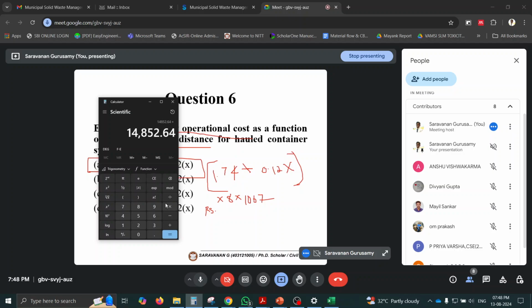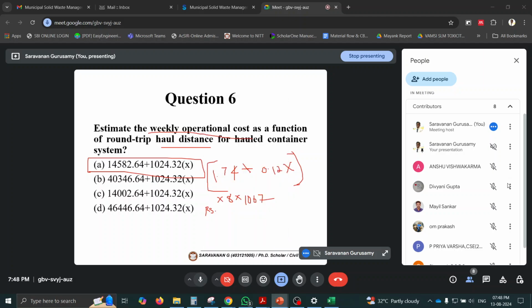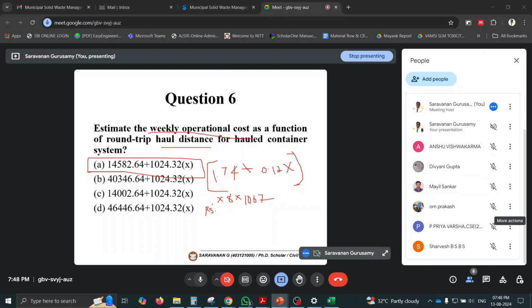And then again 8 into 1067 into 0.12 will be 1024.32x. Hope you got the answer. Is it okay? Yes, sir. Okay, we'll move on to the next question.